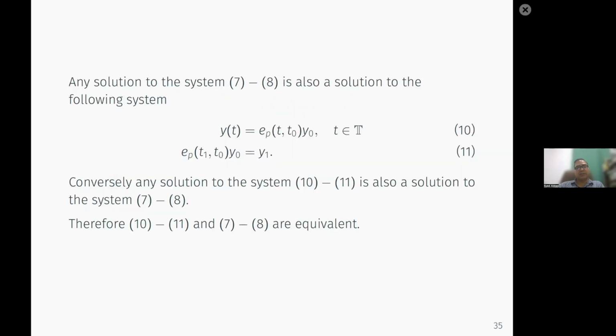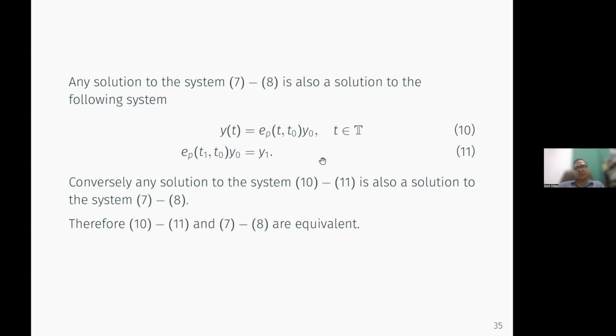We can achieve this as follows. Any solution, we know, can be written in this form: y of t is given by the exponential function e_p(t, t0) y0, given y0 and t0. And with the additional information, we have that e_p(t1, t0) y0 is y1.